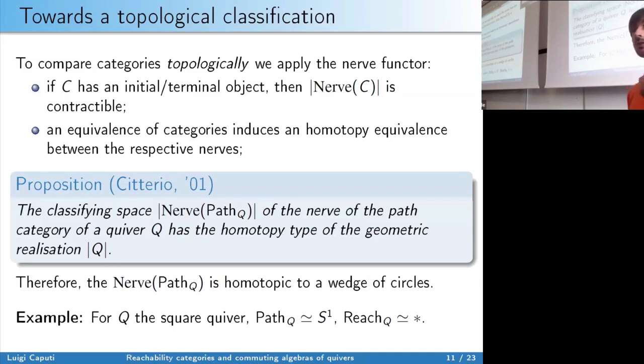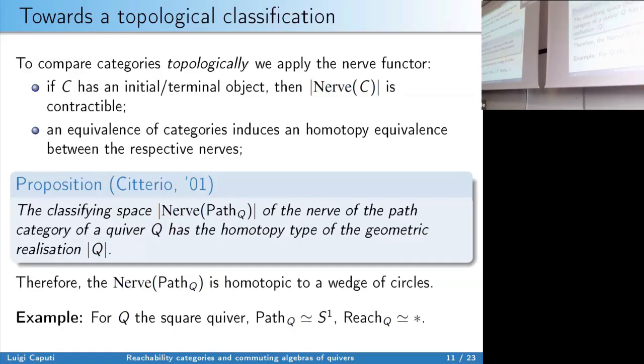And also not just from the categorical point of view, but also from the homotopical point of view, we cannot expect to have higher dimensional invariance because quivers have the homotopy type of a one-dimensional object, so we have no chance to get higher homotopy groups.